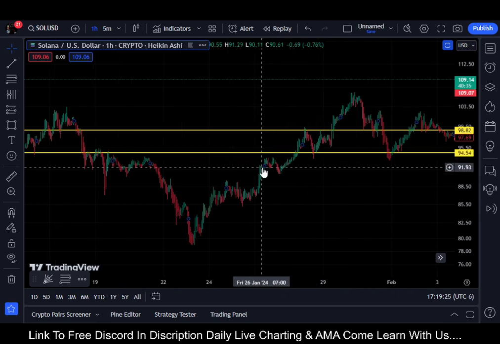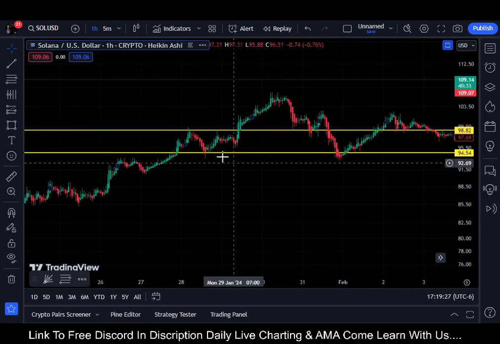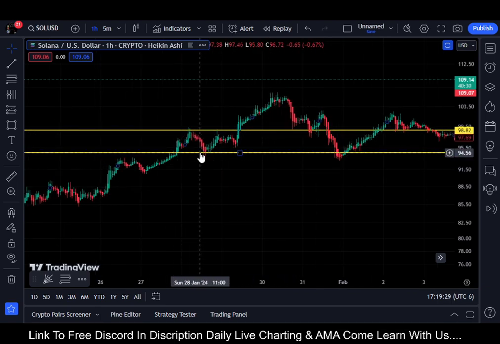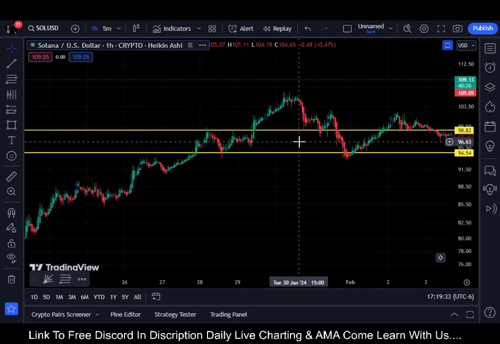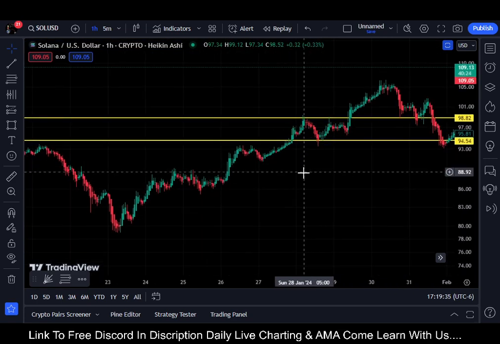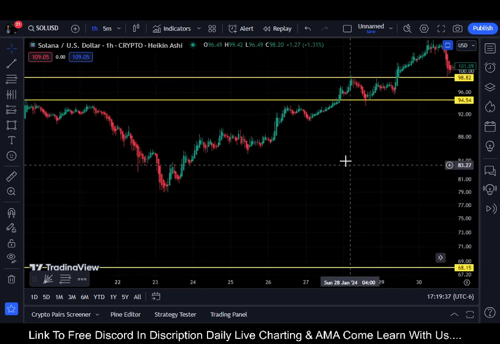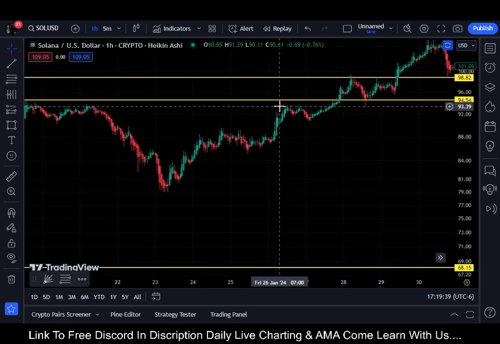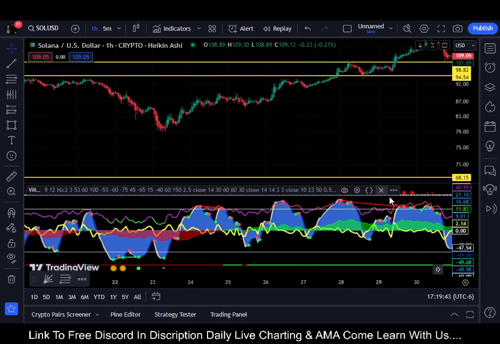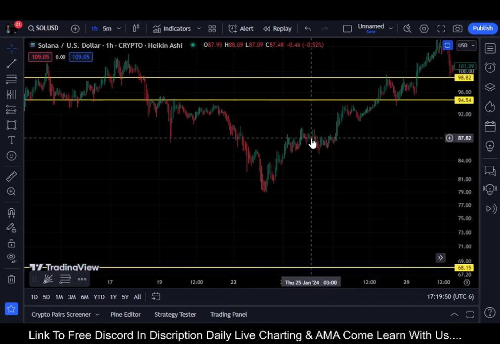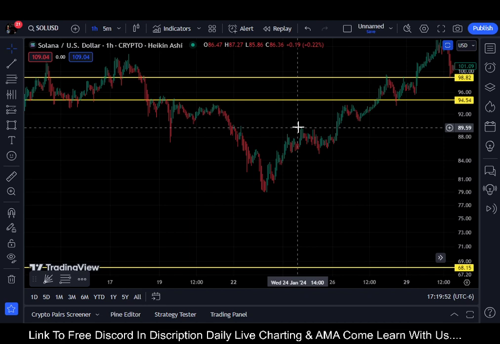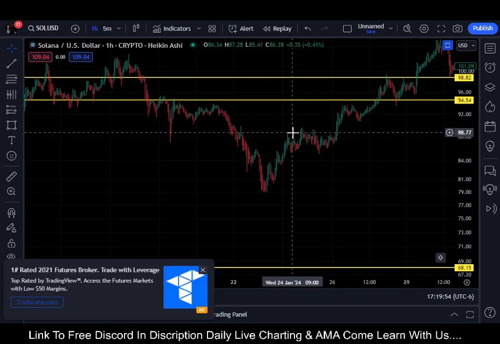No indicators necessary. This is the mastery of price action by finding these key levels and then looking for a reaction. So if we were trading this and we marked these levels out on our chart as price came up to it, you could use your candlestick patterns, your indicators, your oscillators, and look for some type of bearish reaction or reversal.